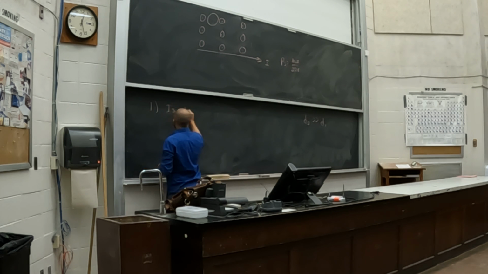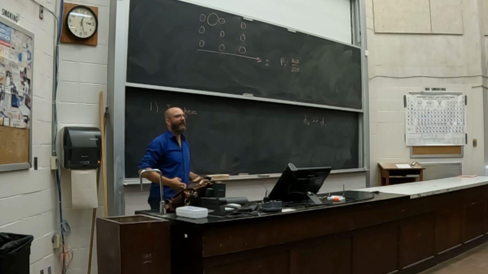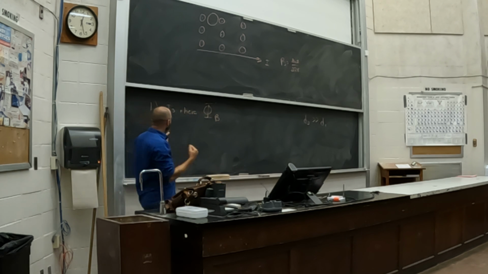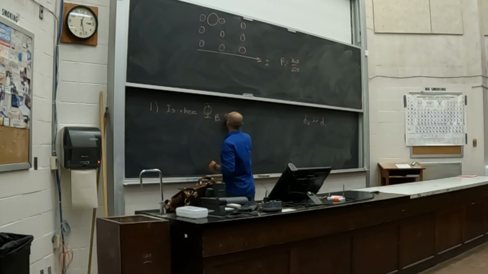Is there magnetic flux? The symbol for flux is a phi. I'm going to subscript it with a B for magnetic. Usually a capital phi. Magnetic flux is how you say that. Is there magnetic flux through the ring?